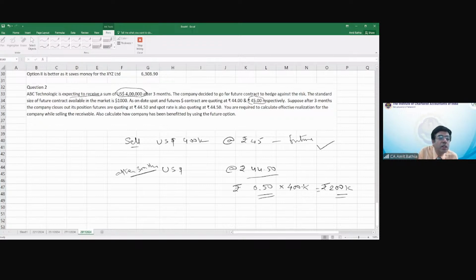Suppose after 3 months, company closes out its position with futures quoting at 44.50, spot rate at 44.50, you are required to calculate effective realization for the company while selling the receivable. Okay. So effective realization, meaning total realization.